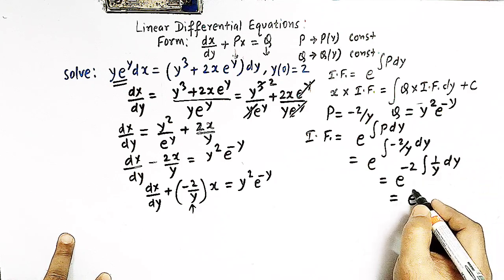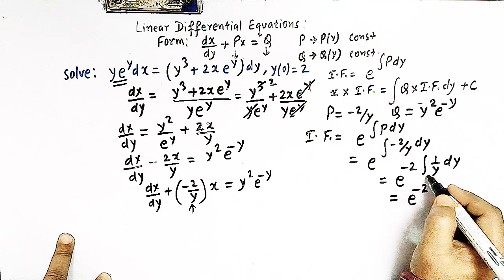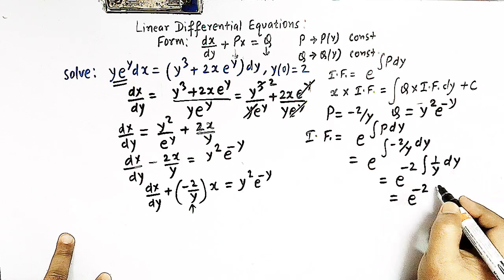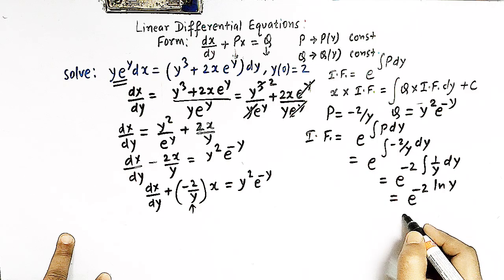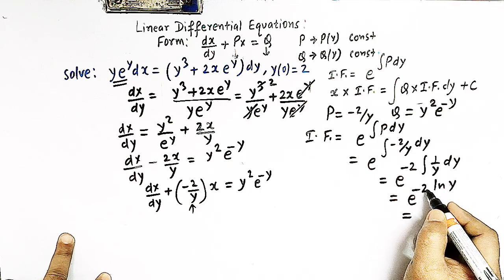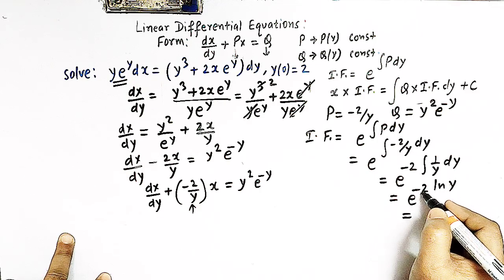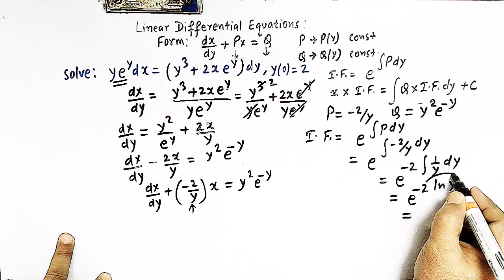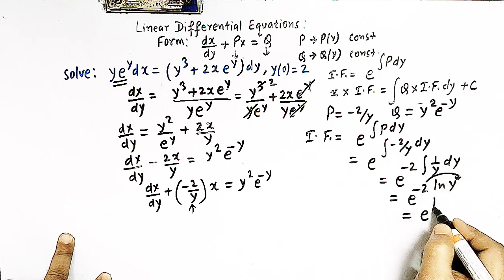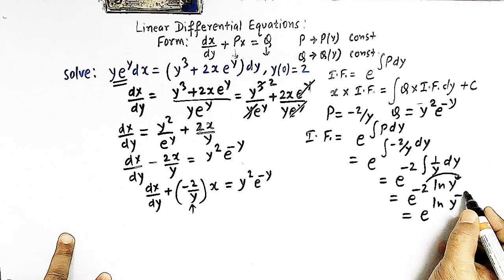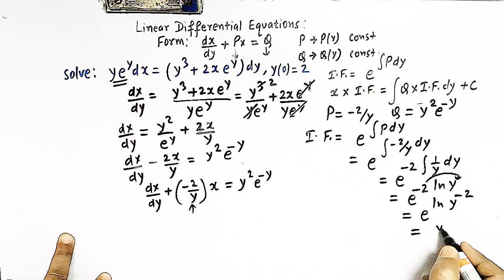So this is e raised to minus 2, and the integral of 1 over y dy is the natural log of y, right? So now using the properties of logarithms, we can take minus 2 to the power of y here. So we have e raised to natural log of y raised to minus 2, and this is simply y raised to minus 2, that is 1 over y square.